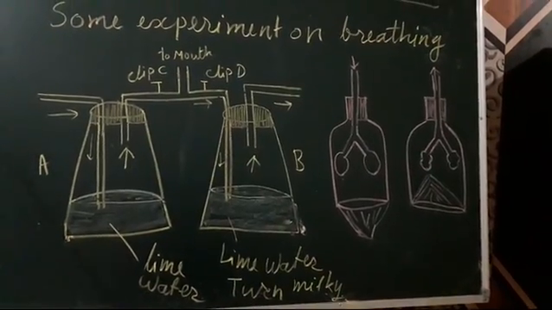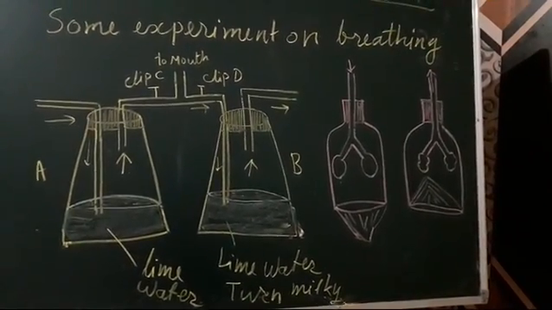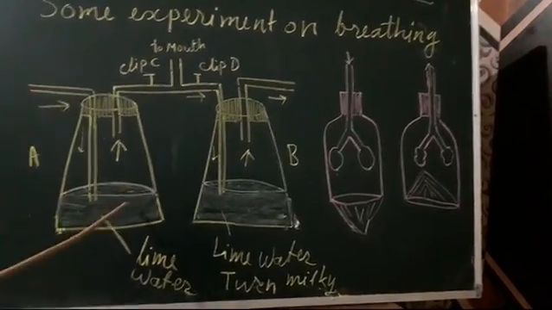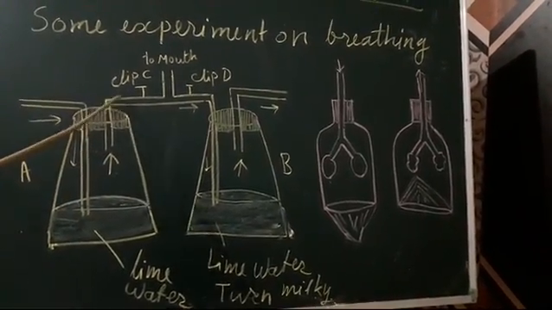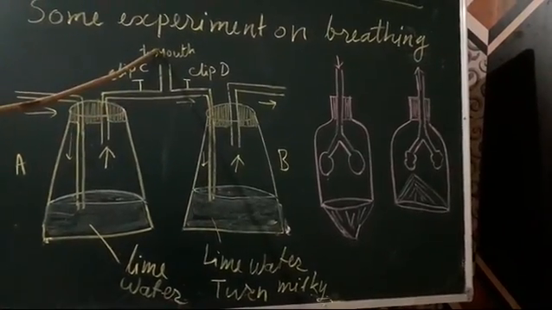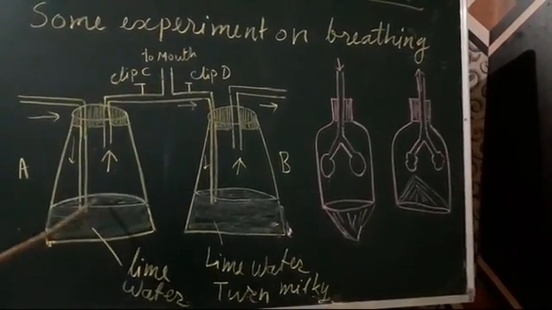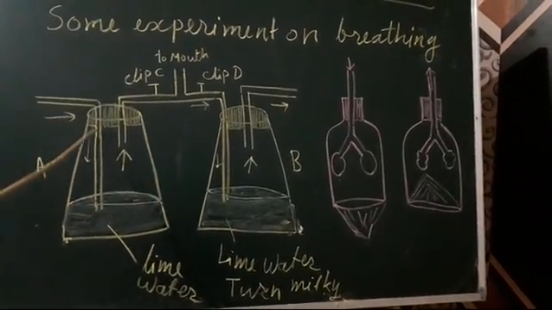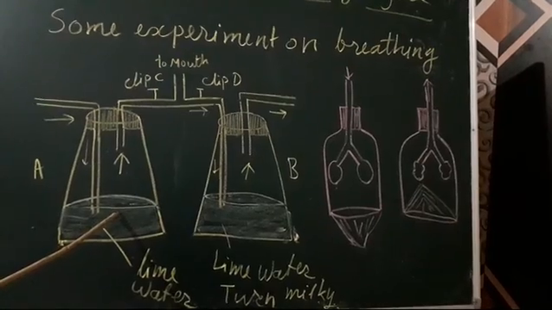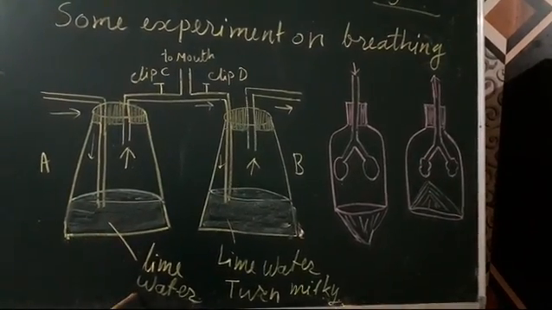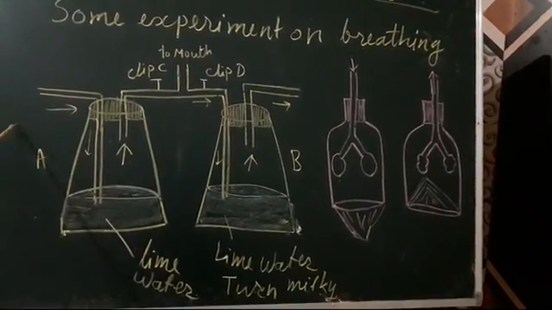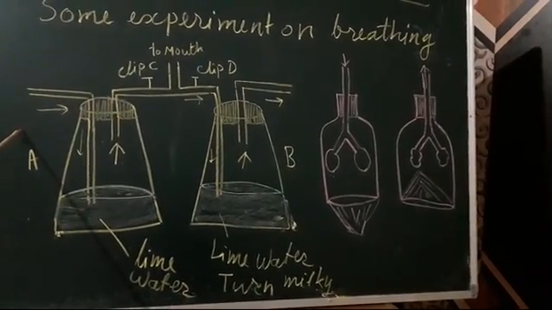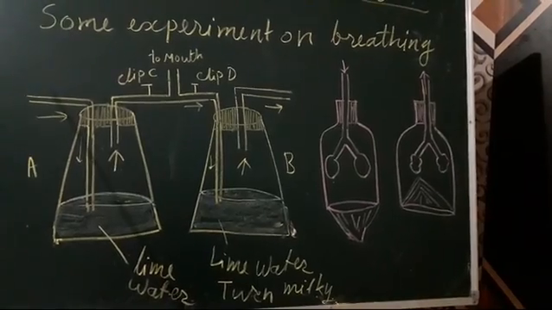is present in the atmospheric air. So here, if you breathe in the air, the air pressure will be decreasing here and the atmospheric air will be rushing in, but it doesn't turn milky, because in the atmosphere very little carbon dioxide is present, like 0.03 percent.